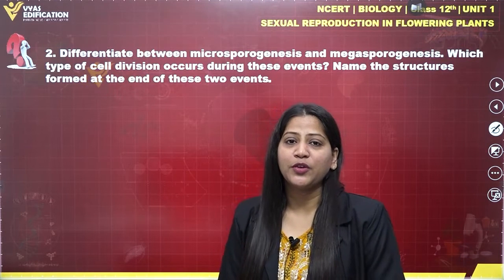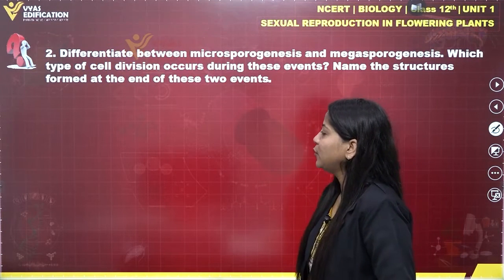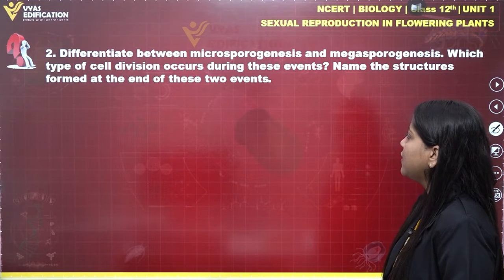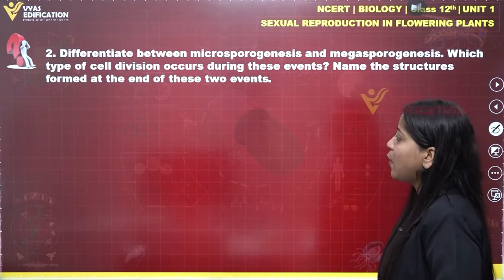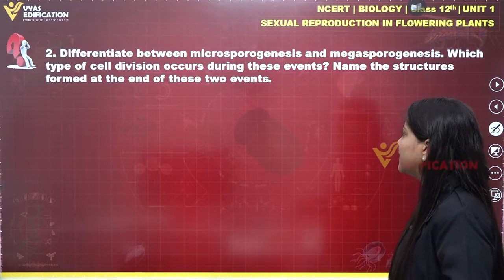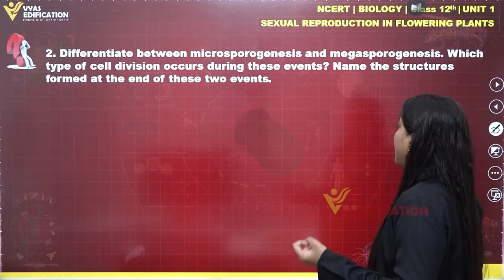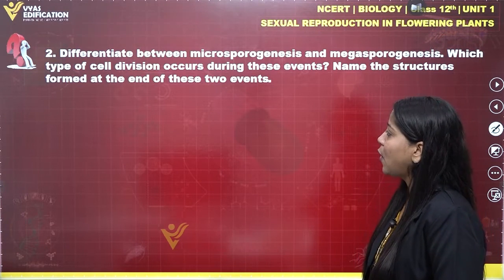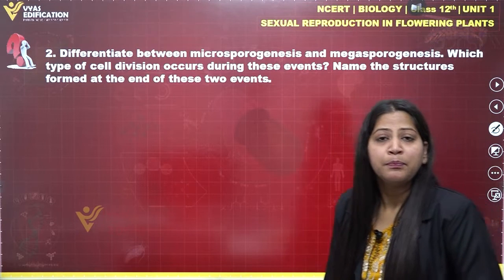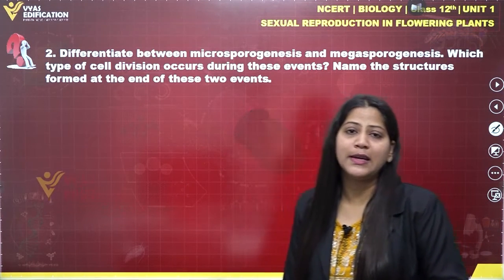Now here we come to question number 2, and question number 2 is asking to differentiate between microsporogenesis and megasporogenesis. Which type of cell division occurs during these events? Also, the third part of this question asks to name the structure formed at the end of these two events. So basically this question contains 3 parts.